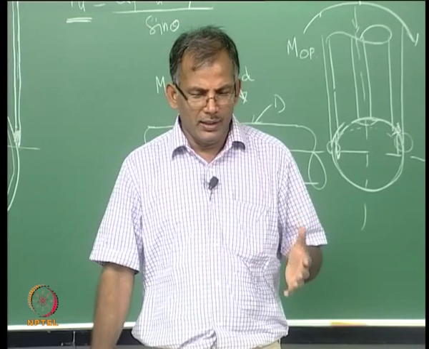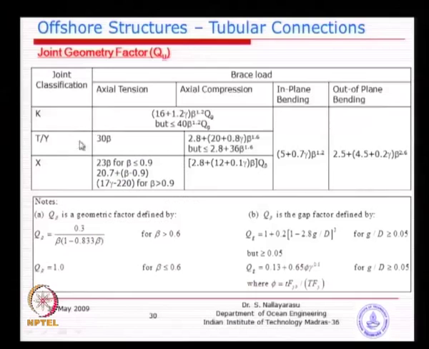So you can see this is going to vary anywhere from probably 0.6 all the way to 24, 25, something like this. So it is an empirical parameter, and these will be different numbers for different cases. The larger the d by D ratio, you could see that the T joints can take larger capacity.